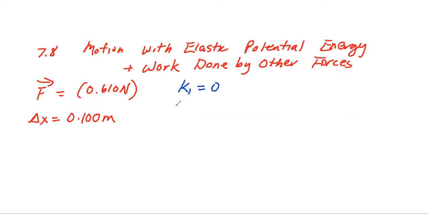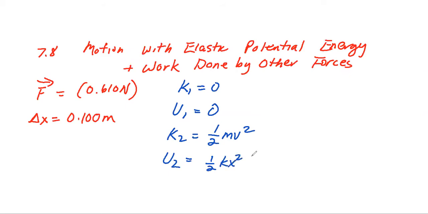Example problem 7a is motion with elastic potential energy and work done by other forces. It says, suppose the glider in 7-7 is initially at rest at x equals 0 with the spring unstretched. You then push the glider with a constant force F, magnitude equal to 0.610 newtons, in the positive x direction.